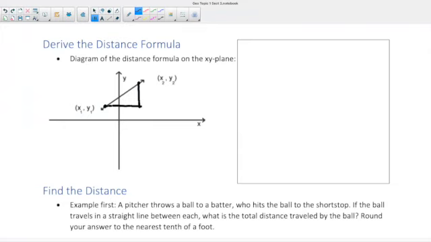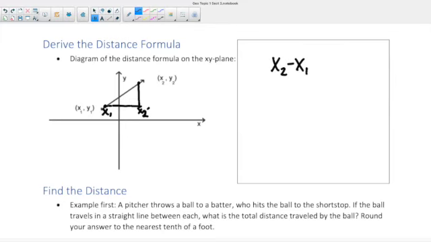So this point down here on the triangle is X2, and the point over here on the triangle is at X1. So we could find the horizontal distance by doing X2 minus X1.